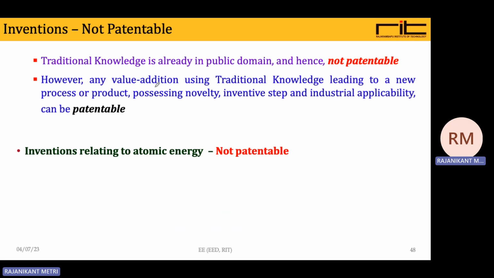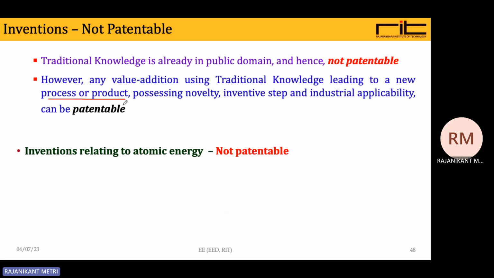However, any value addition using traditional knowledge leading to a new process or product, possessing novelty, inventive step, and industrial applicability can be patentable. So this is important. Using traditional knowledge leading to a new process or product.